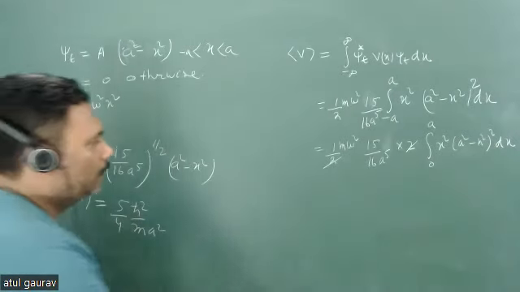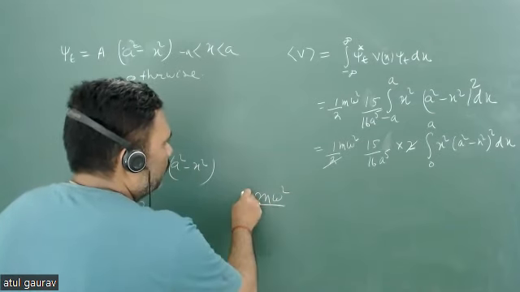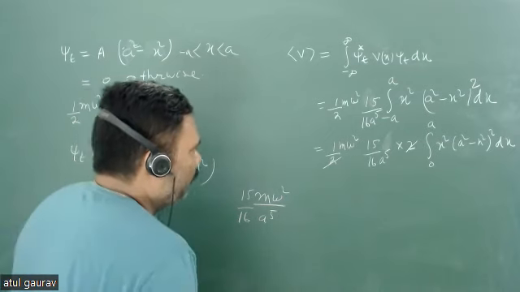And when you go for the calculation, that is m omega square, and that is 15 upon 16 a to the power 5.